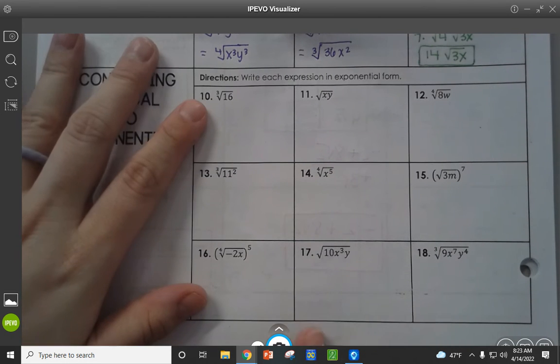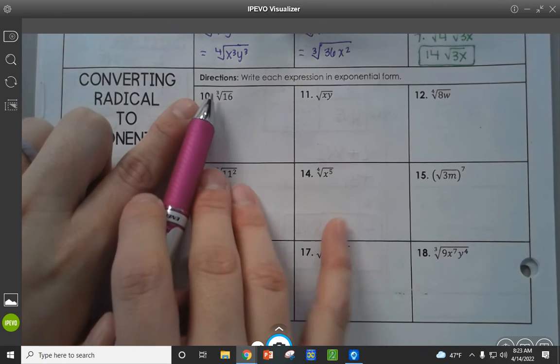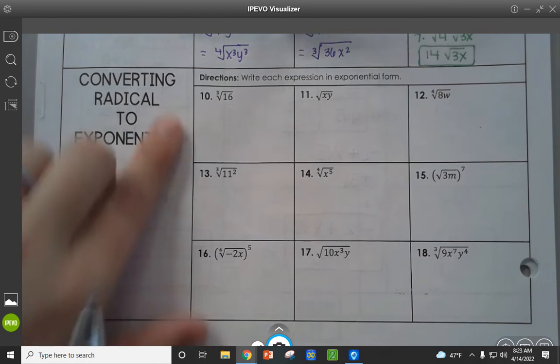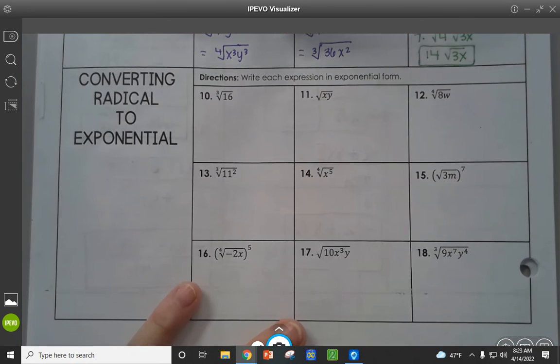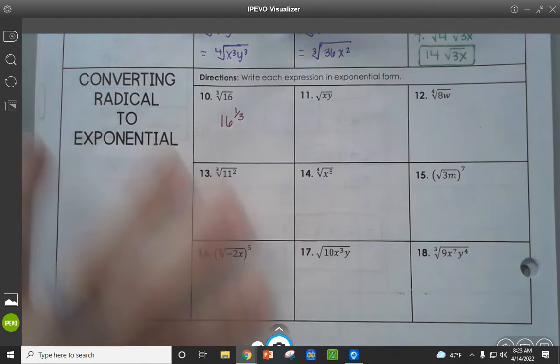So looking at number 10, it's the cubed root of 16. What exponent should I give this 16? 1/3. Good.